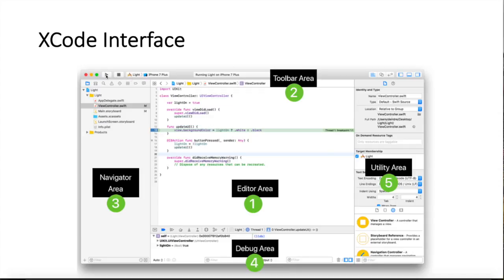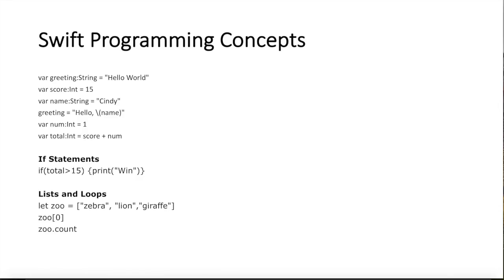You can actually start it and see it in a simulator, and I'll show you how that works. You have this navigator area that lets you choose which files you're working on. You have a debugging area at the bottom that gives you some clues if things aren't working. And then this utility area over here allows you to look at different options that you might have or to work within the library. So again, there's a lot here. It just takes some time and some patience in working with it.